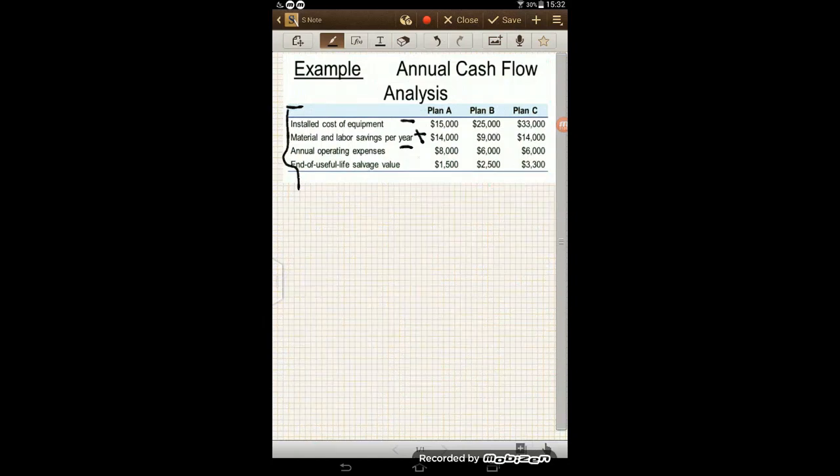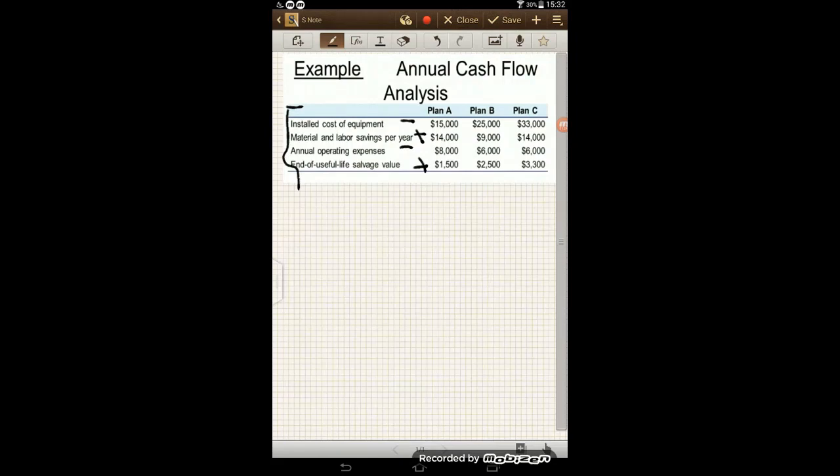And end of useful life salvage value is like when the equipment is done, we are gonna sell it for salvage, which is useless materials, so in our case it's gonna be positive. So we can divide it into minus as cost and positive as benefit, and we can divide it into the tables.